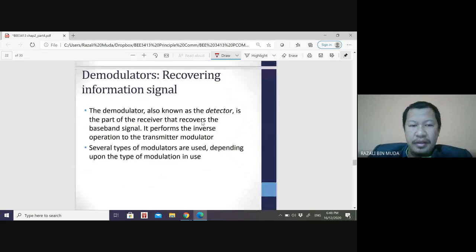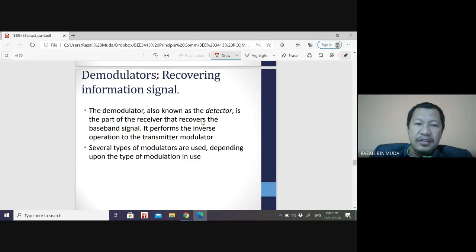Okay. So next is about demodulators or detectors, recovering the information signal. We have discussed earlier in this chapter that one of the most important functions of the demodulator is to recover the information signal, right?